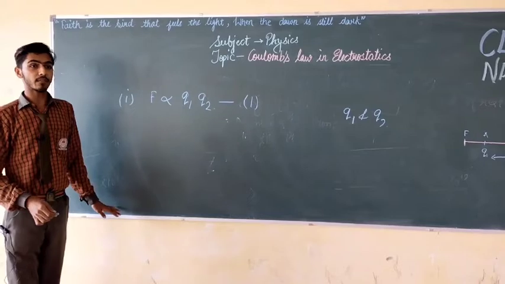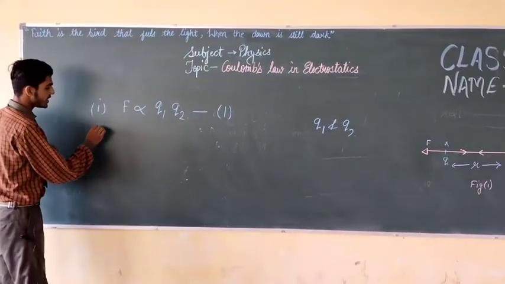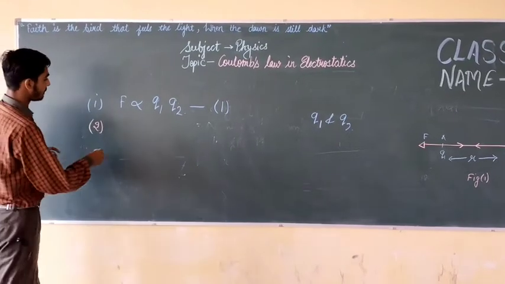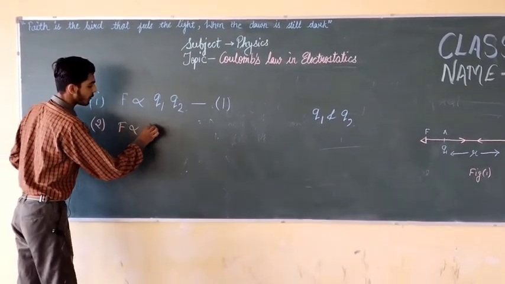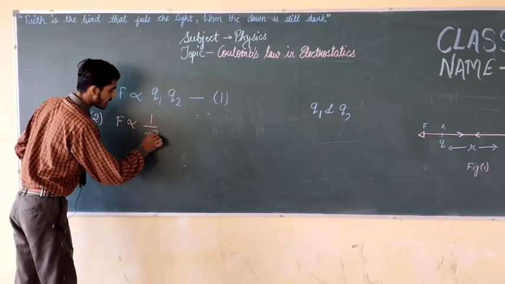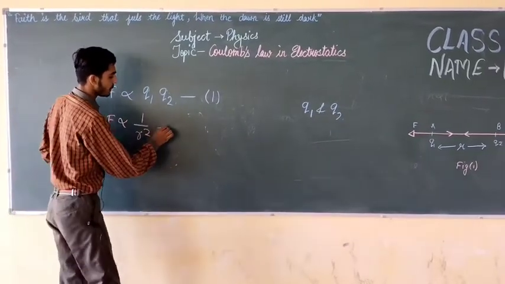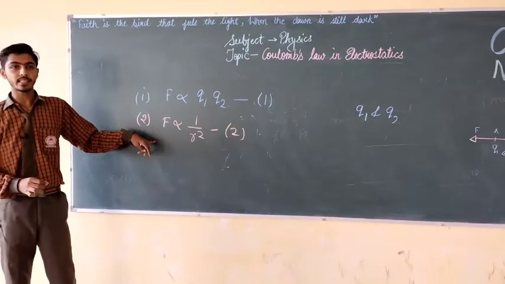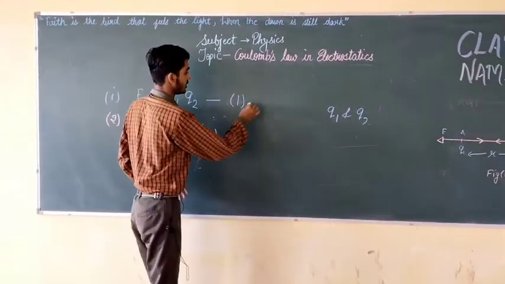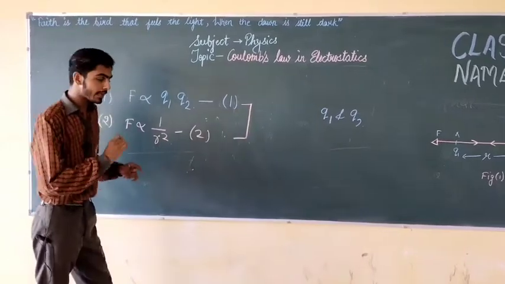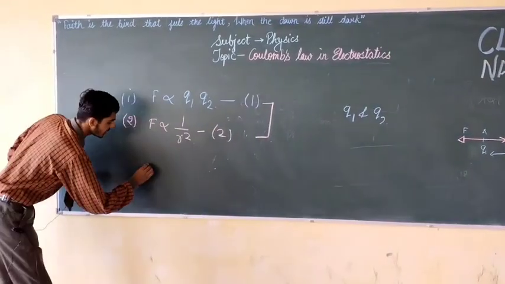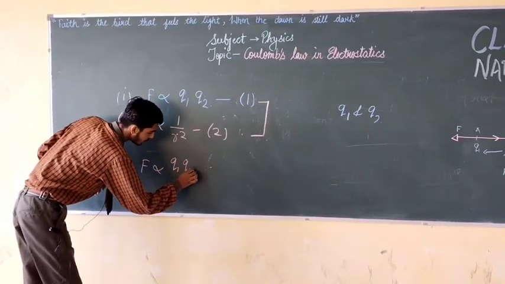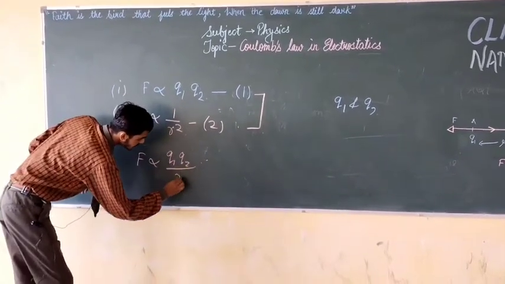Next, it is inversely proportional to the square of the distance between them, that is F is inversely proportional to 1 by r square. It's our equation number two. Let's combine both equations. We get F is directly proportional to Q1 Q2 divided by r square.